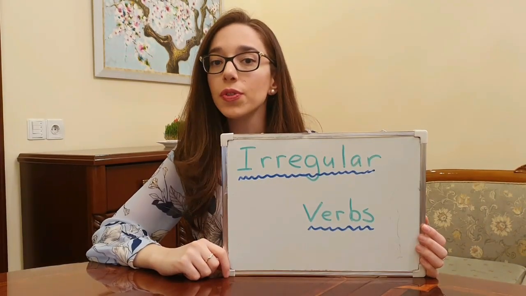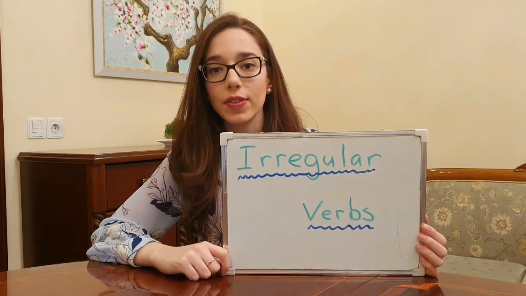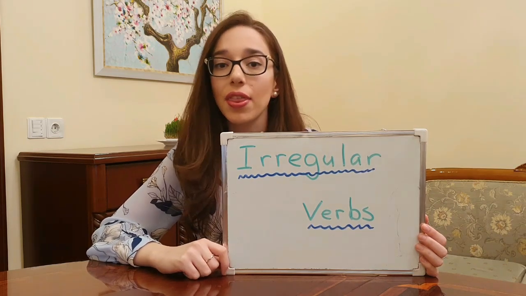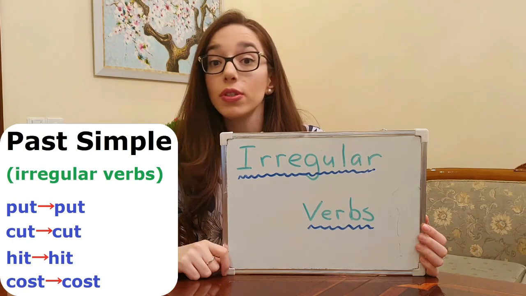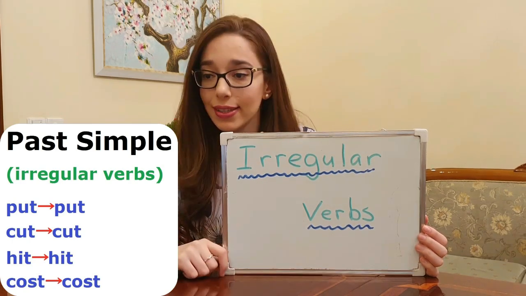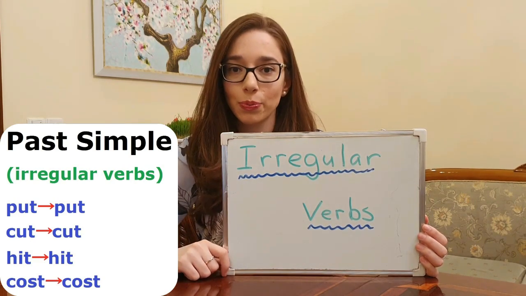For irregular verbs, things get a little bit more complicated. In some cases, the past simple looks exactly like the root form of the verb. For example, put, put; cut, cut; hit, hit; cost, cost, and so on.